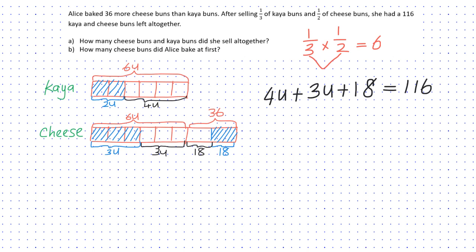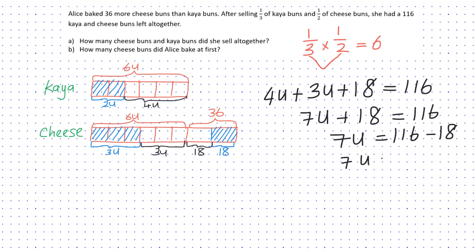I'm going to solve this equation to find out the value of 1 unit. So 7 units is equal to 98 buns. Therefore 1 unit is equal to 98 divided by 7, which is 14 buns.